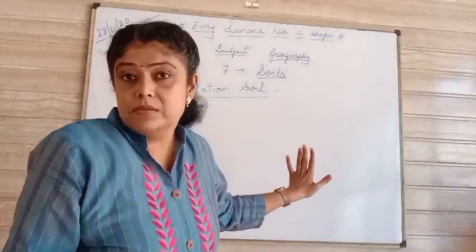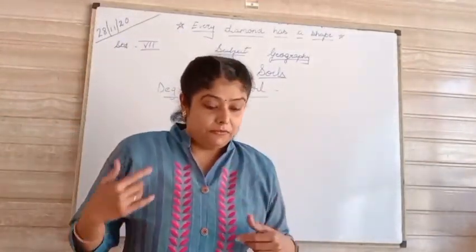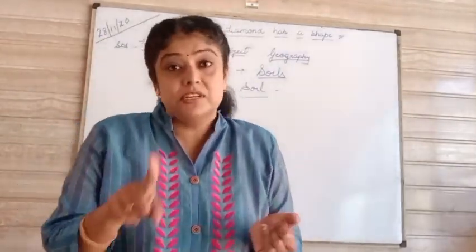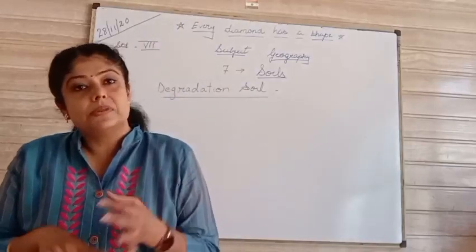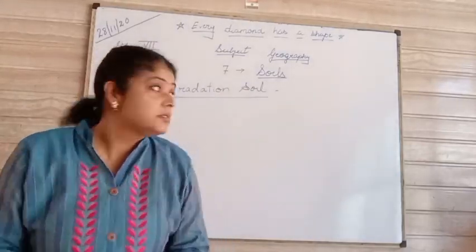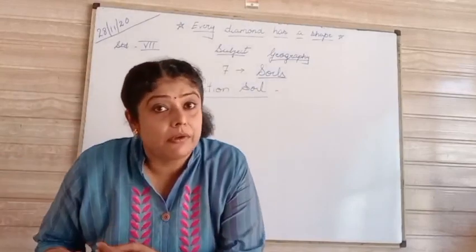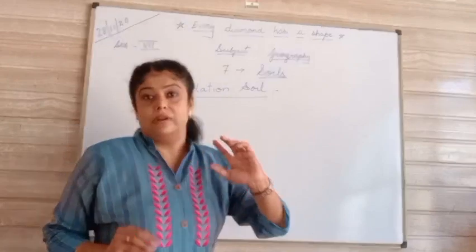Why does it become less? The reason is that for farming, the farmers use chemical fertilizers and chemical pesticides, right? Due to this, what happens? These chemicals get mixed up in the soil, and they kill the microorganisms in the soil.